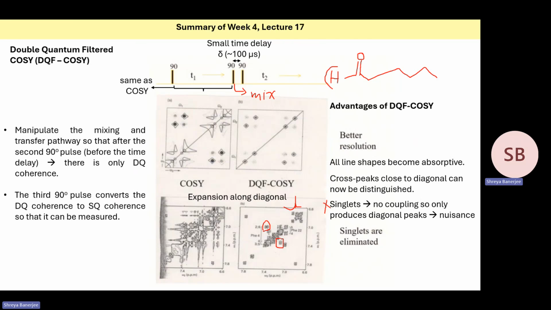This proton is a singlet because it is not coupling with any other proton. The aldehyde proton is not coupling with the other protons because there is a quaternary carbon here. It is not able to couple with the other protons. So it will produce a singlet, and if you do DQF COSY, that singlet will get eliminated.